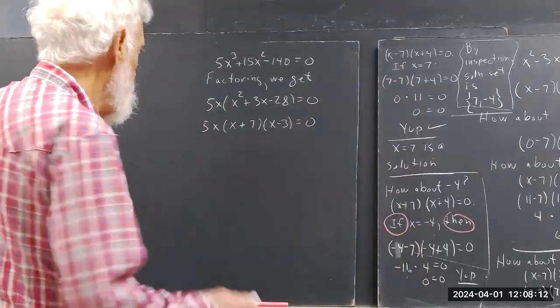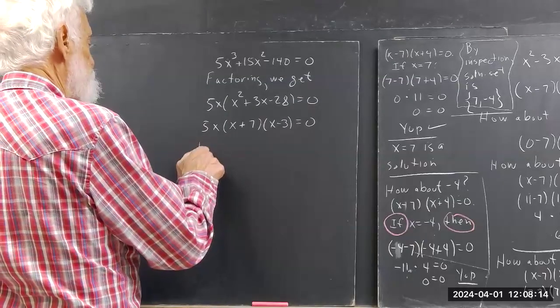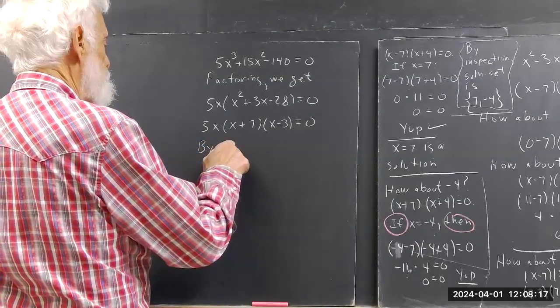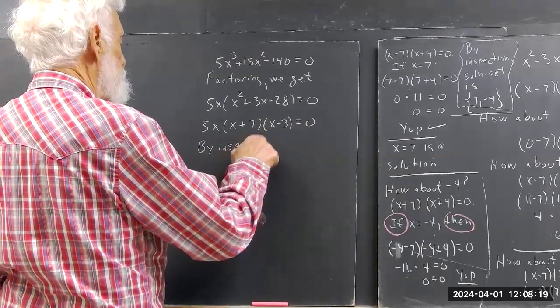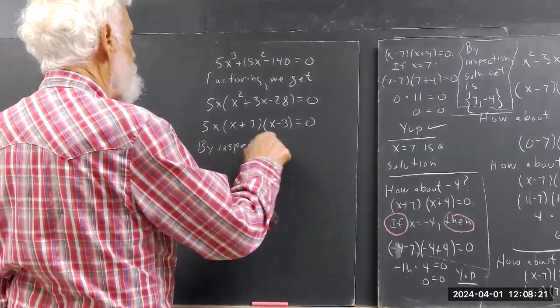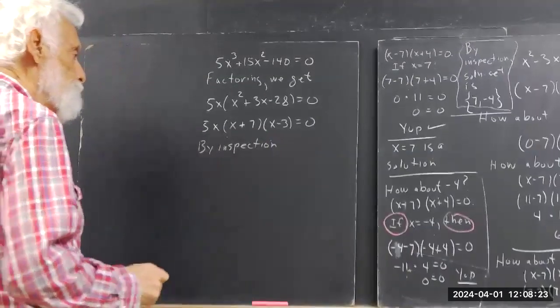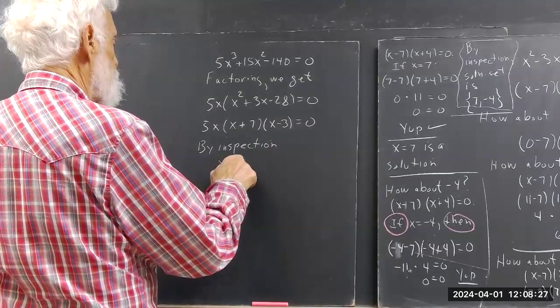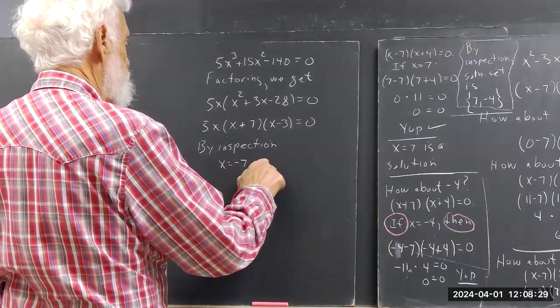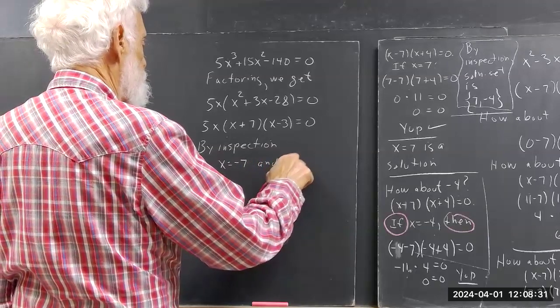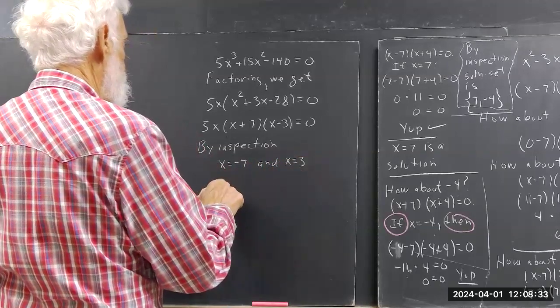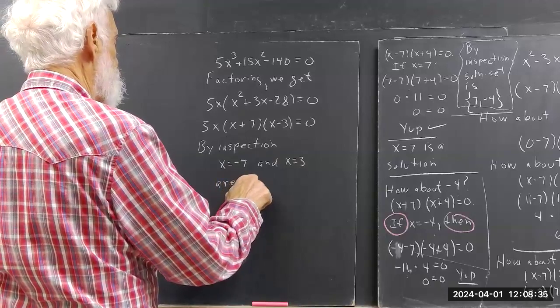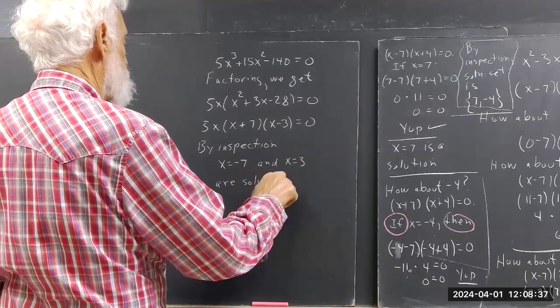I'm just going to say, by inspection, x equals -7, and x equals 4, are our solutions.